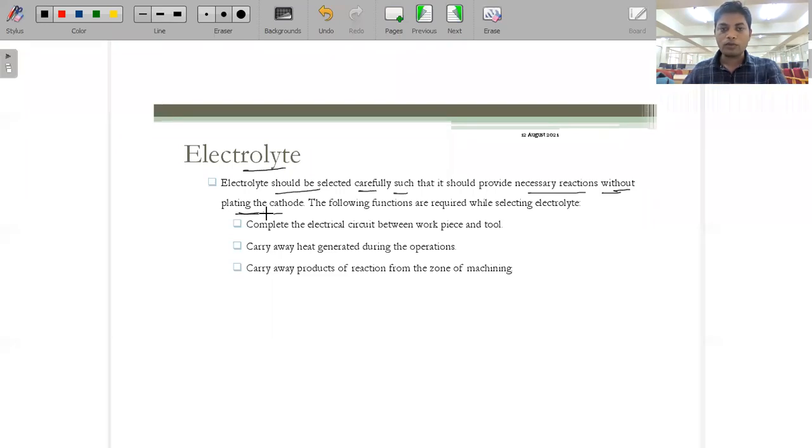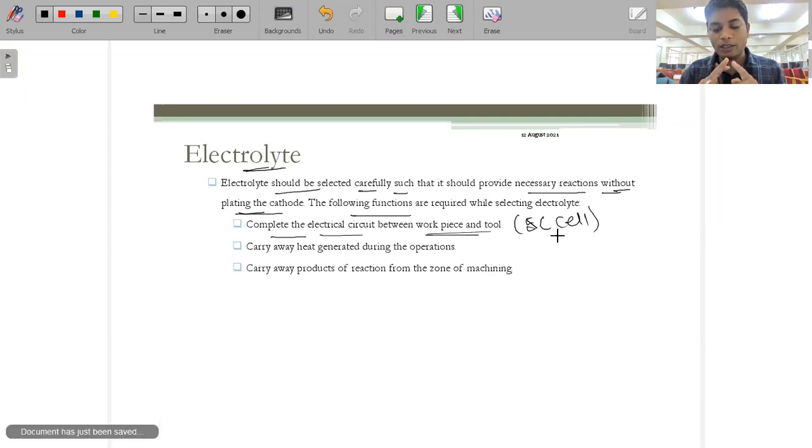What are the other characteristics that we can use for the electrolyte? It completes the electrical circuit between the workpiece and the tool. How many things are required to make an EC cell? One is the tool, another is the workpiece.